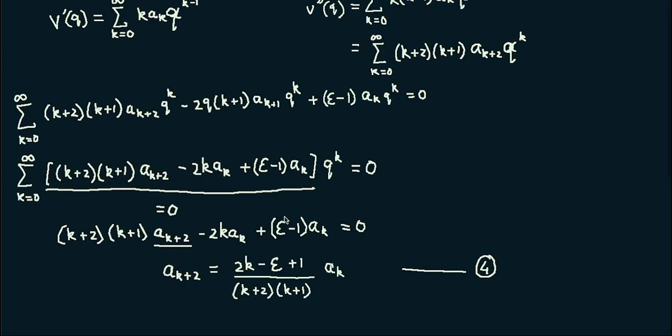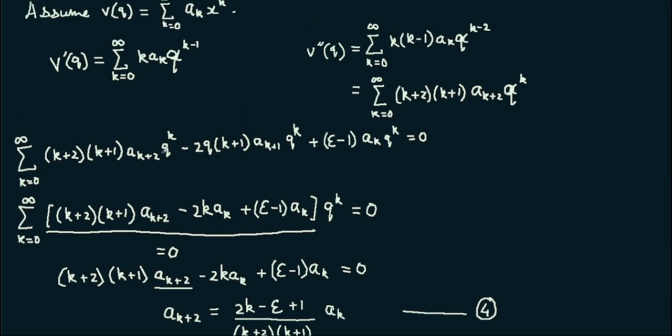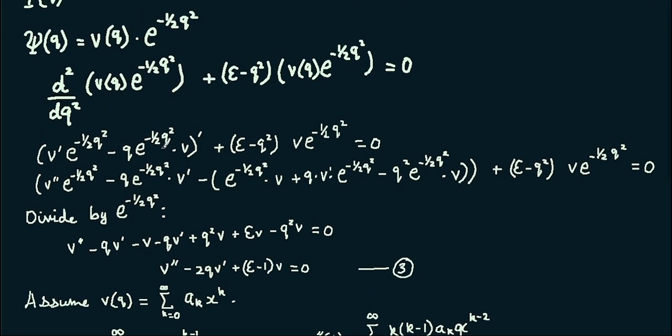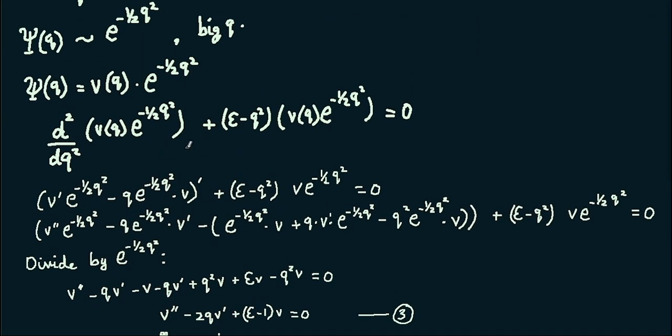Now, it's easy to get lost in the mathematics of it, but let's try to keep track of what we are doing. So if we back up a little bit, what we found is that it's reasonable to say that psi has this form over here. It's some function v times e raised to minus 1/2 q squared. This exponential term, because we found that psi has this form for big values of q.